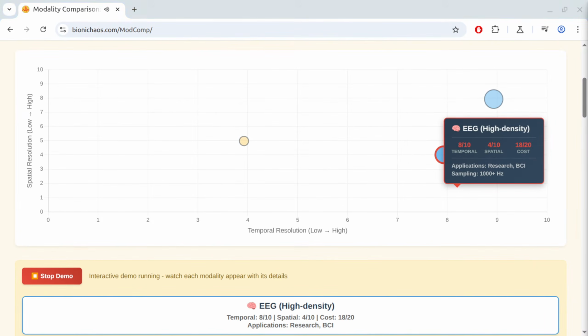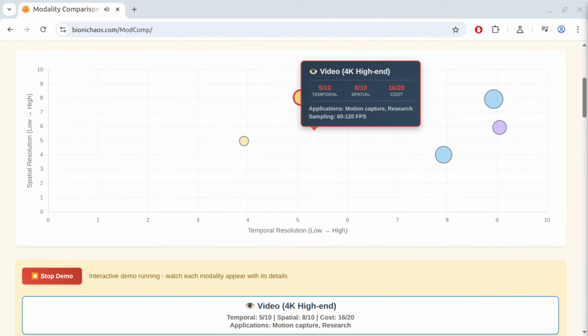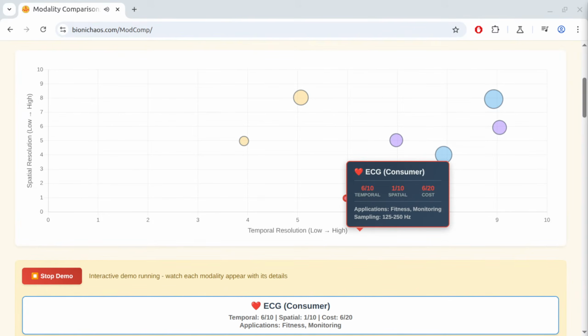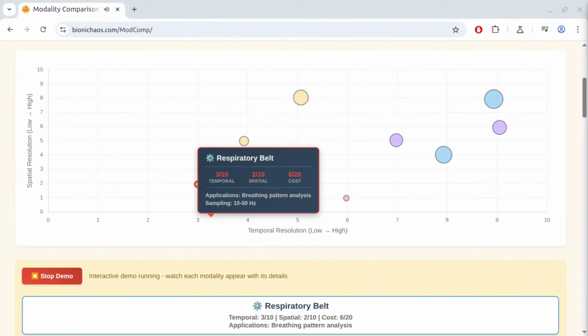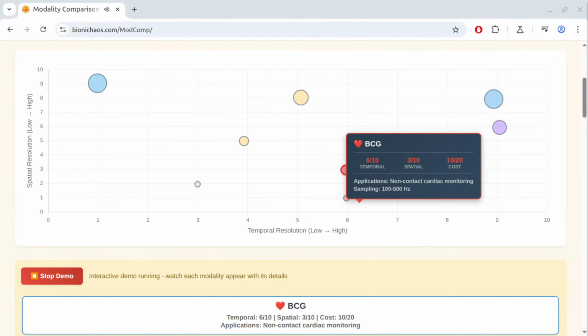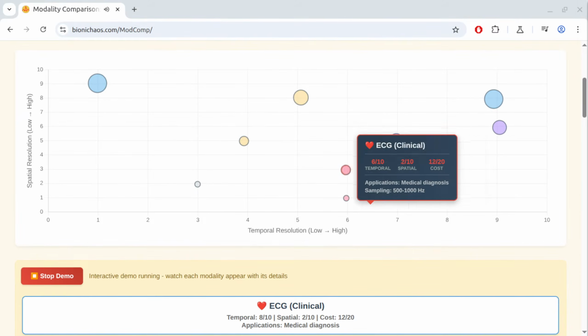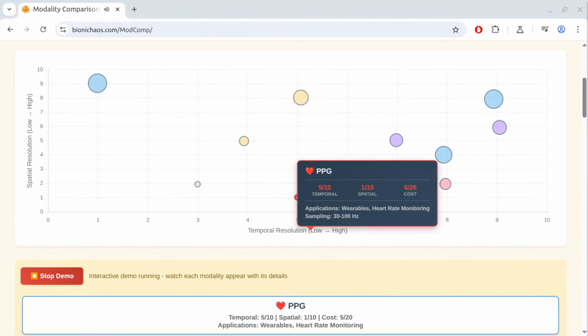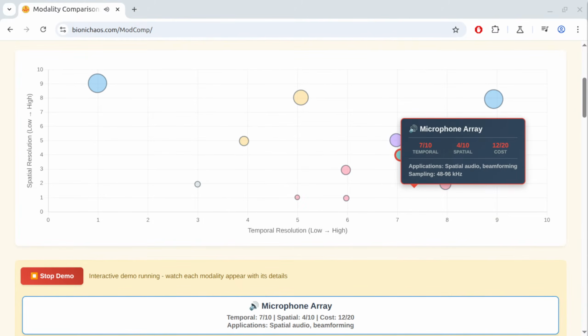And it just highlights the incredible range of tech we have now. Knowing about these trade-offs lets you ask better questions, get more targeted answers, whether you're designing something, doing research, or just curious. You can optimize for speed, or detail, or cost, depending on what actually matters. So whether you're aiming to build the next big wearable or doing some really groundbreaking research, or maybe you're just deeply curious, hopefully you've now got a better feel for this vast spectrum of sensing.